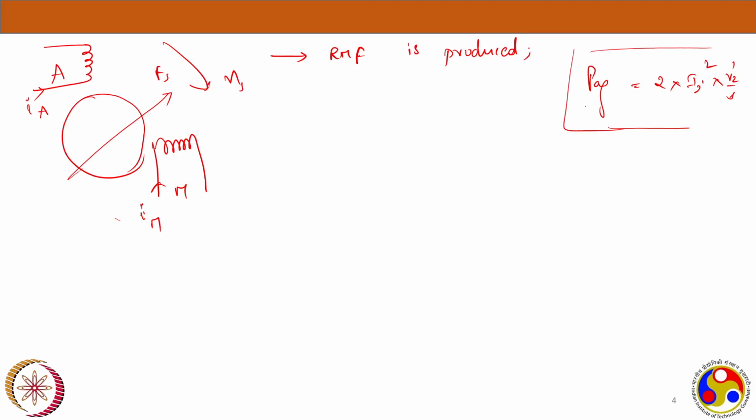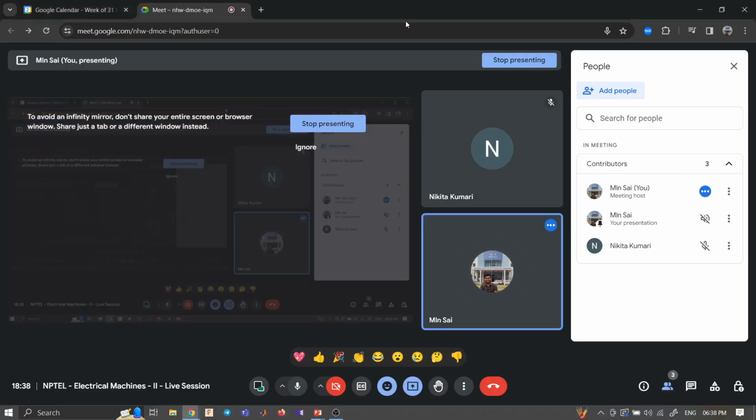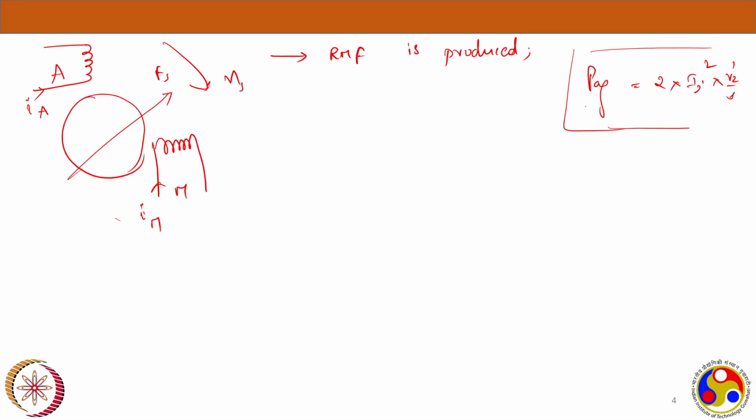Now we know that a three-phase unbalanced supply, whether it's current or voltage, can be broken down into three balanced systems: positive sequence components, negative sequence components, and zero sequence components. I am writing it here.